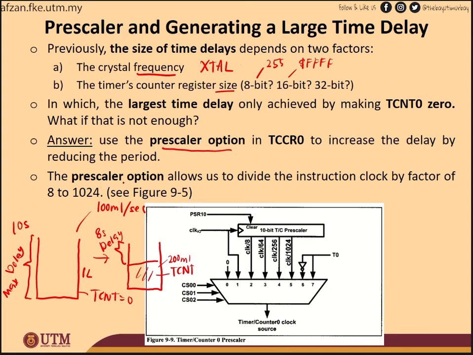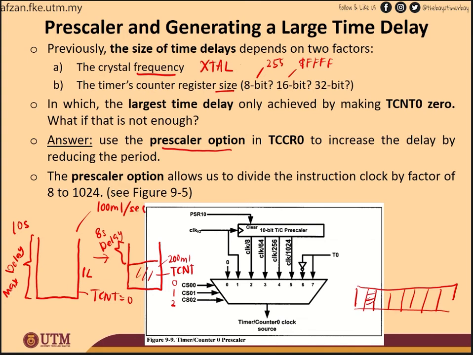The prescaler option allows us to divide the instruction clock by a factor of 8 to 1024. So this is your timer counter 0 prescaler. You can see here CS00, CS01 and CS02, which are bit 0, bit 1 and bit 2 in your TCCR0. Recall, this is your TCCR0.